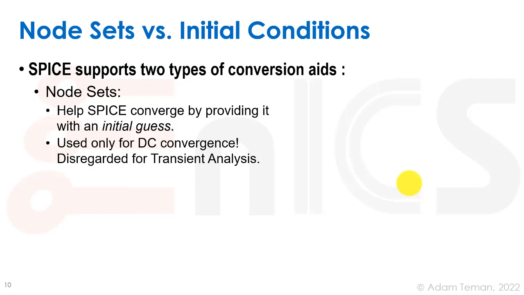But when we do any type of analysis in SPICE, we use the Newton-Raphson method to converge on an operating point, and it basically guesses and fixes the solution to the DC situation of our circuit.